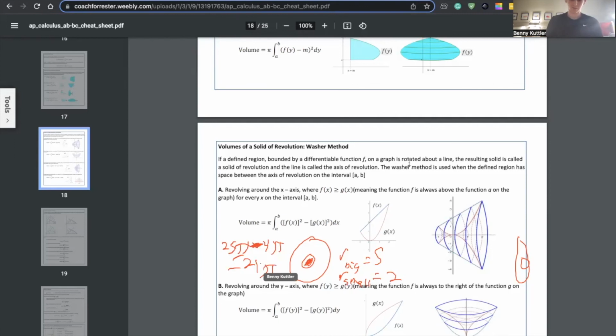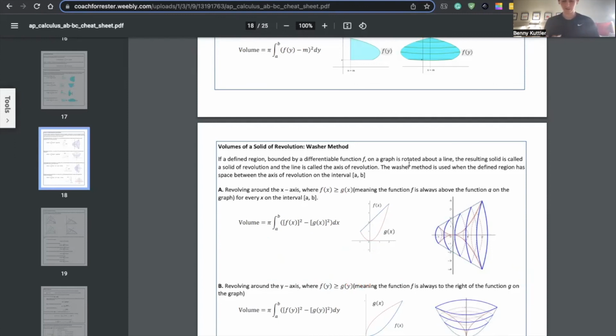Now we can apply the same thing for our disk method that we just did in what's called the washer method. So now we're revolving around the x-axis in this case. If it's bounded by two functions, then we have to subtract the areas.